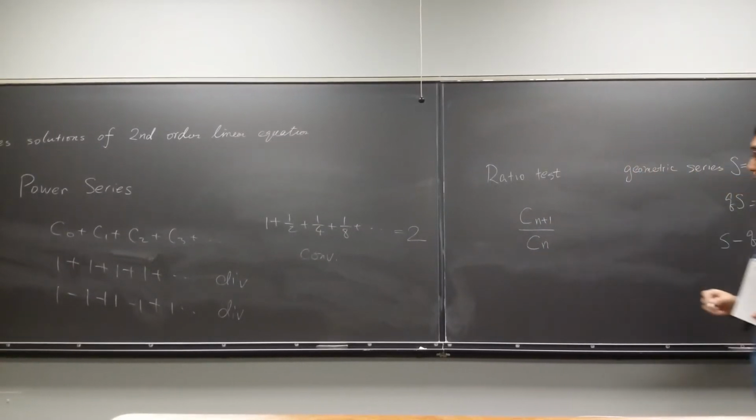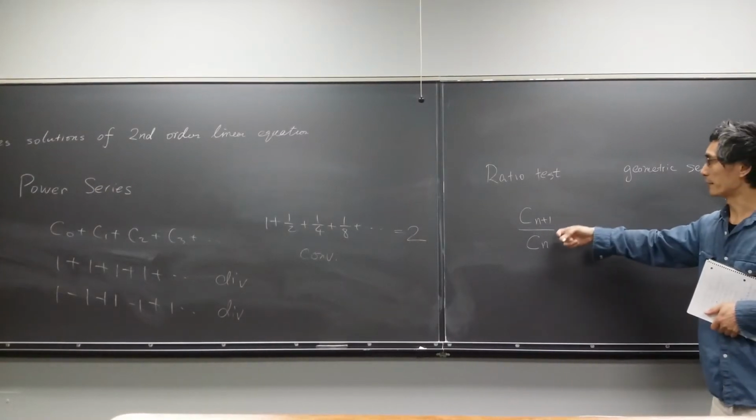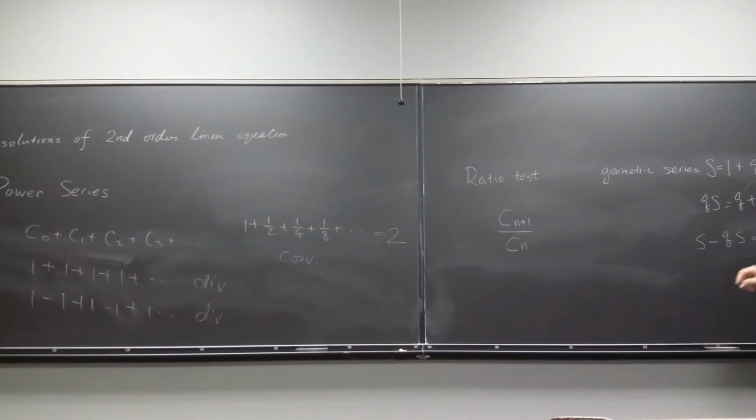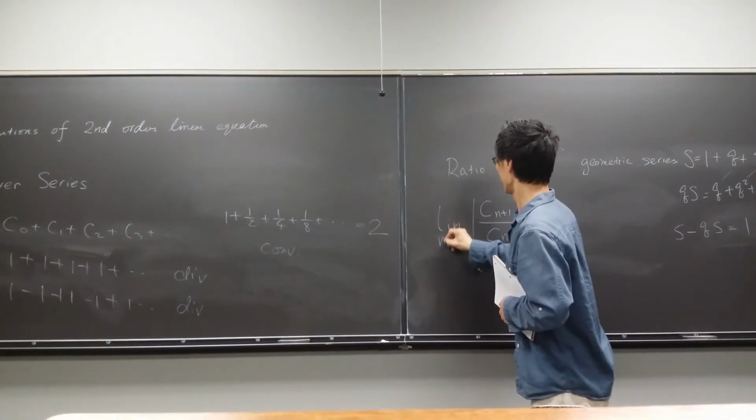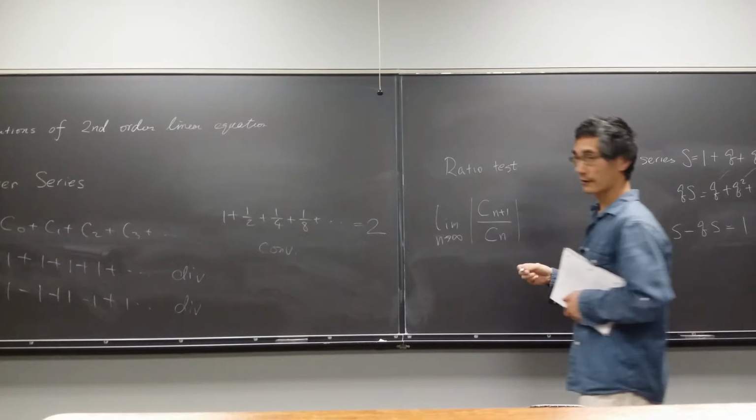If it's a geometric series, then the ratio will be a constant called q, right? If it's not a geometric series, then this is not a constant.